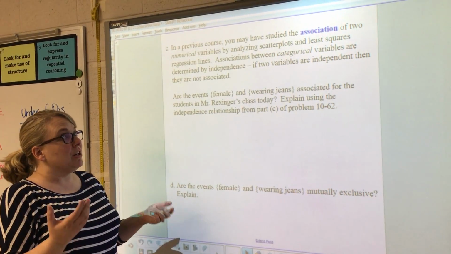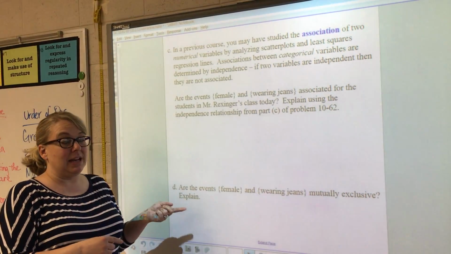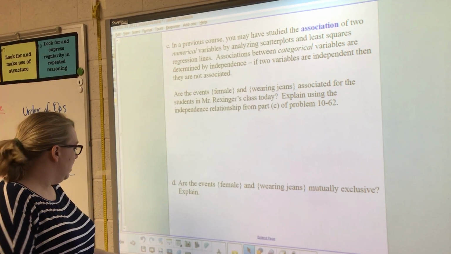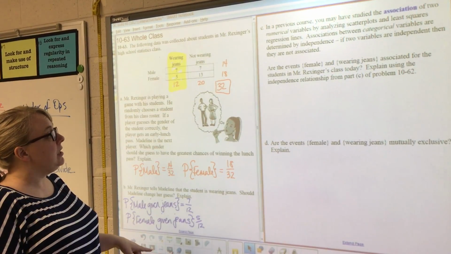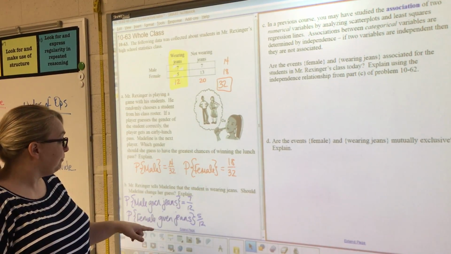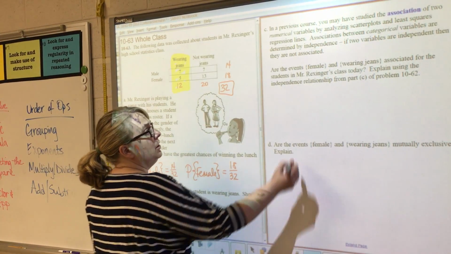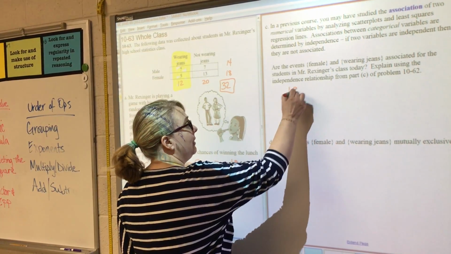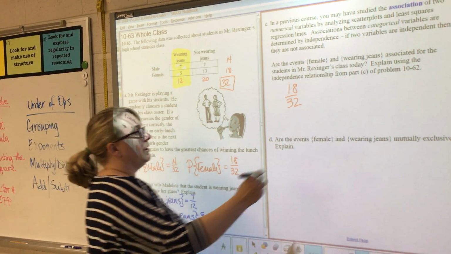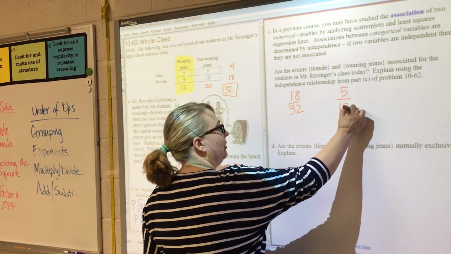The way we decide if they're associated is if they're independent or if they're not independent. So are the events female and wearing jeans associated? Are they independent or are they not independent? So we look at this. Well, the probability of female was 18 out of 32. The probability of female given that they were wearing jeans was 5 out of 12.